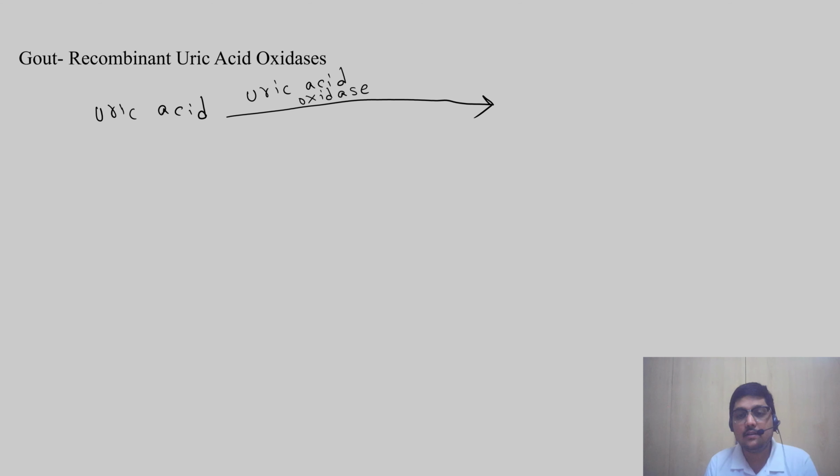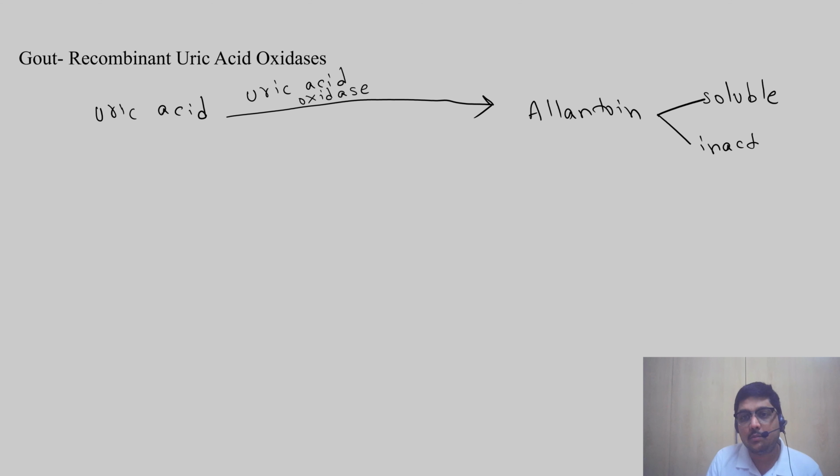What does this enzyme do on uric acid? It makes uric acid more soluble and more inactive by converting uric acid into allantoin. What is the property of allantoin? It is more water soluble, so it can be easily flushed out of the body, and it is not aggressive in the body. Allantoin is totally inactive.